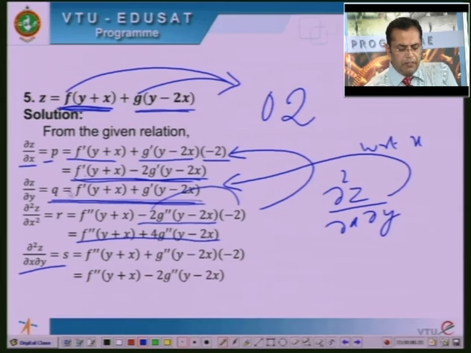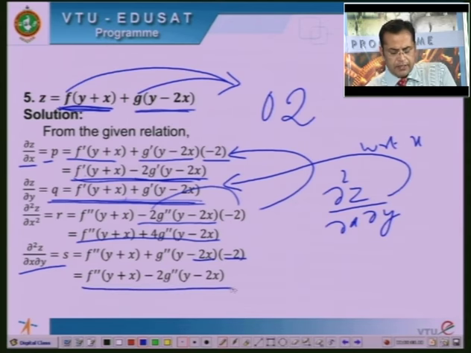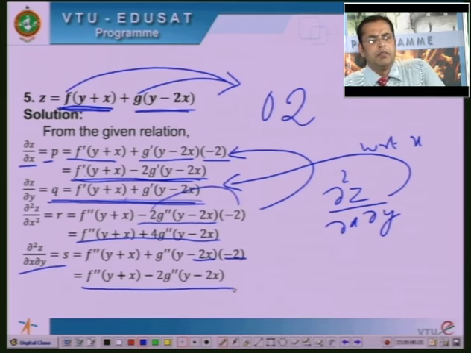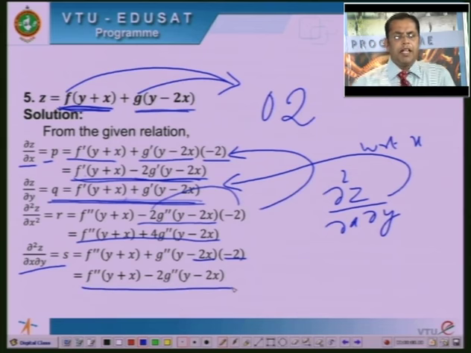So, f dash of y plus x becomes f double dash of y plus x, and g dash of y minus 2x transforms to g double dash of y minus 2x into the coefficient of x, minus 2. So, finally s is f double dash of y plus x minus 2 into g double dash of y minus 2x.